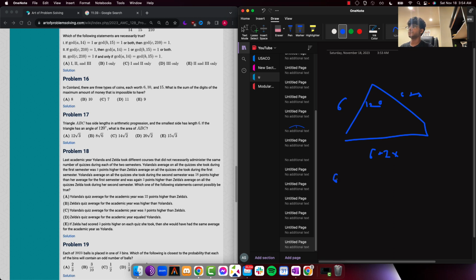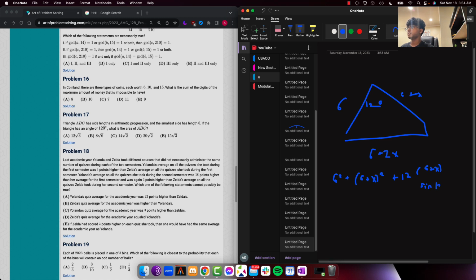So a squared plus b squared minus 2ab, so 12 times 6 plus x, cosine 120, which I think is negative 1/2, equals 6 plus 2x squared.